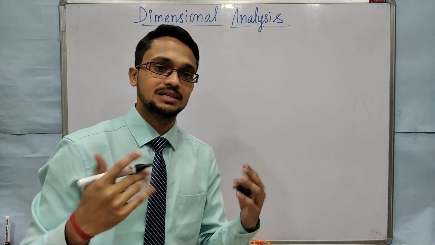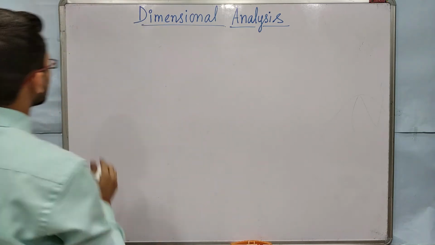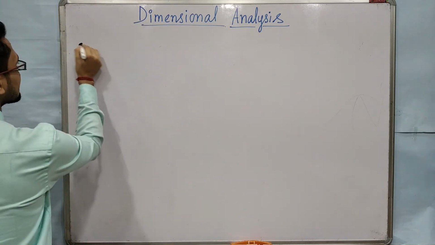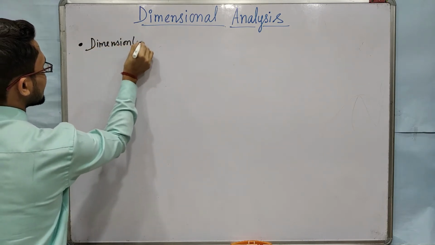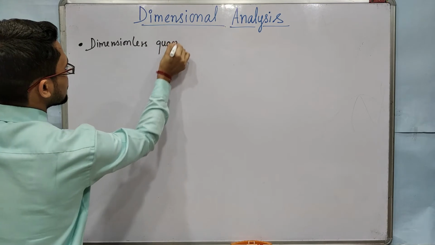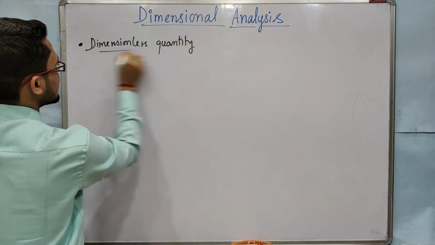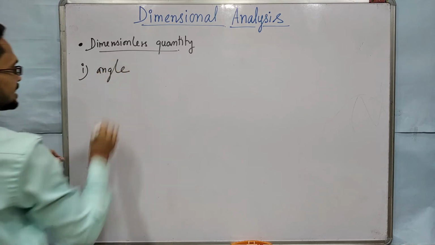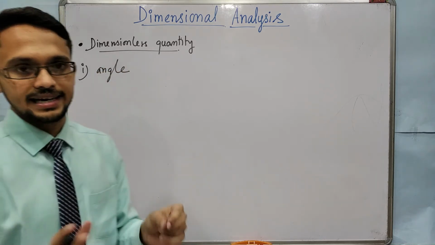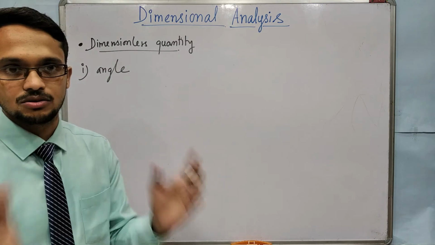Those are called dimensionless quantities. Like what? First one, angle. Angle has no dimension. Angle has a unit, that is radian in the SI system, but it has no dimension.